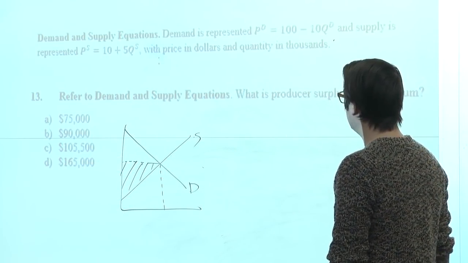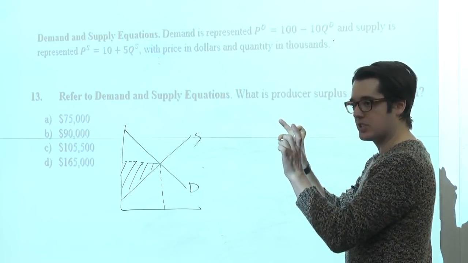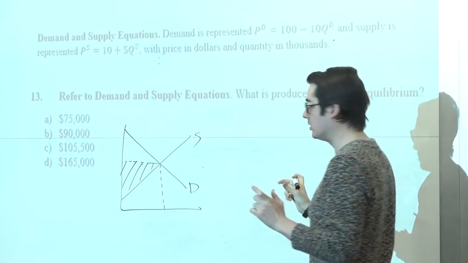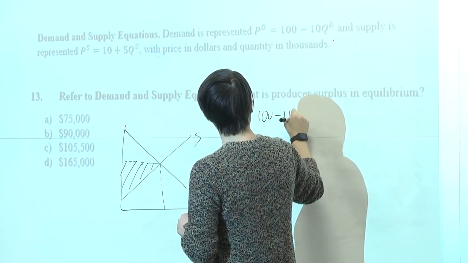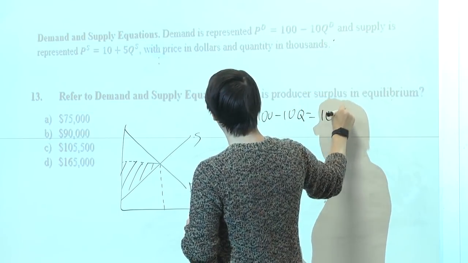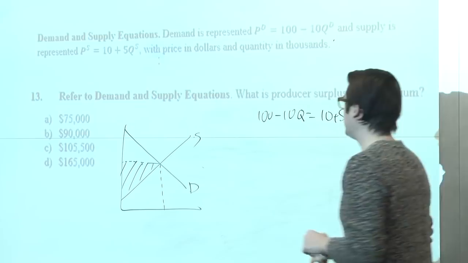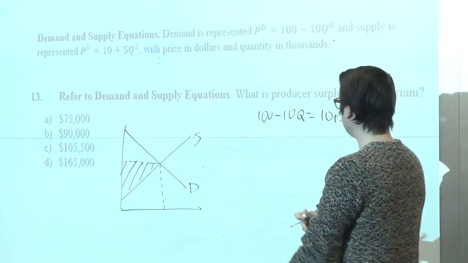Okay, so the first thing we need to do is calculate our equilibrium. And to do that, we just set our supply and demand equal to one another. So we have 100 minus 10Q equals 10 plus 5Q. Right, we just set those two things equal to each other.